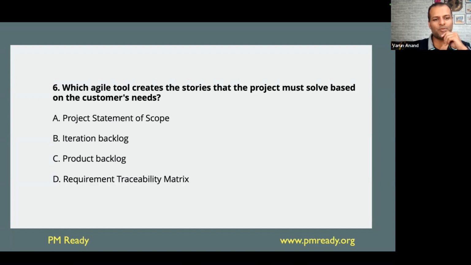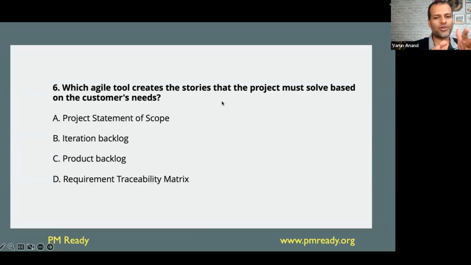A story is a requirement from a customer. Alice, a user story is like the user's interaction with the system, with the product. So the business analyst or a product manager writes the user story. But the correct answer is actually C as in Charlie, which is product backlog. Let me tell you one thing.